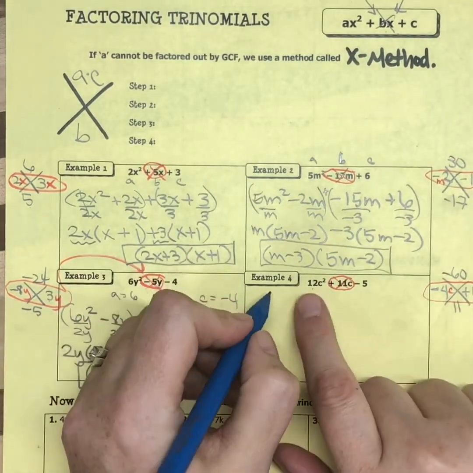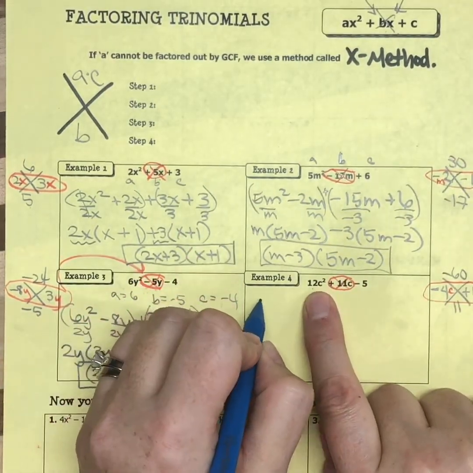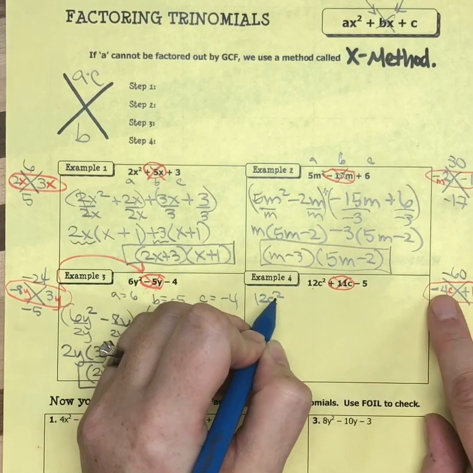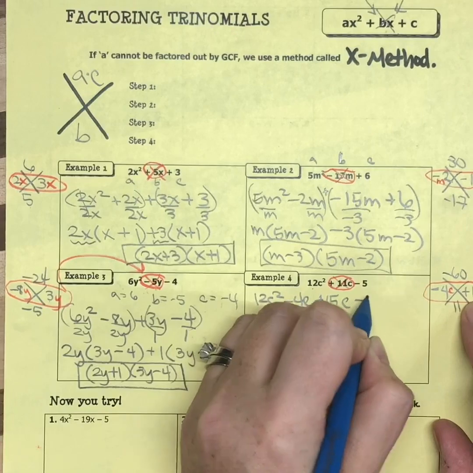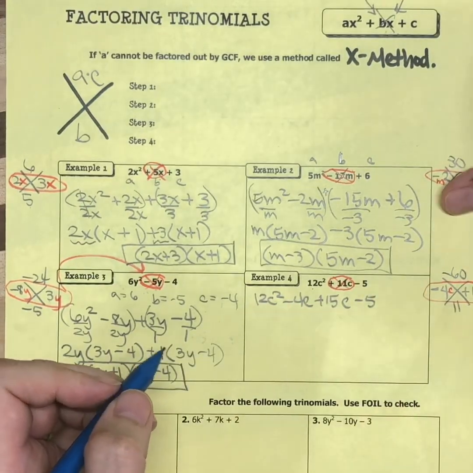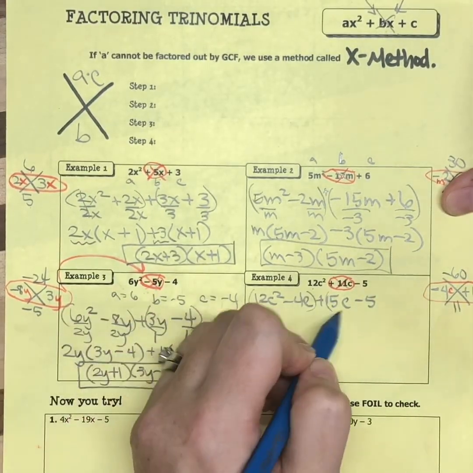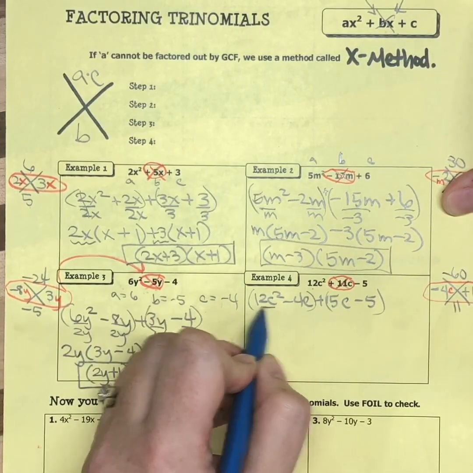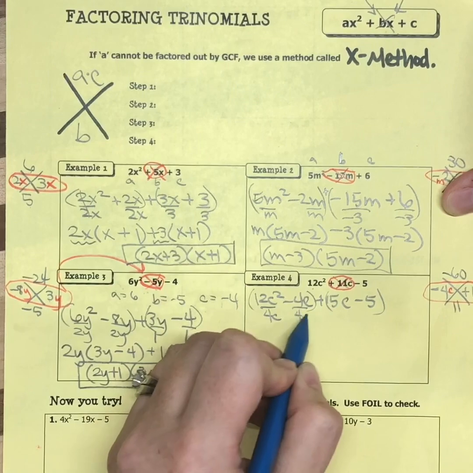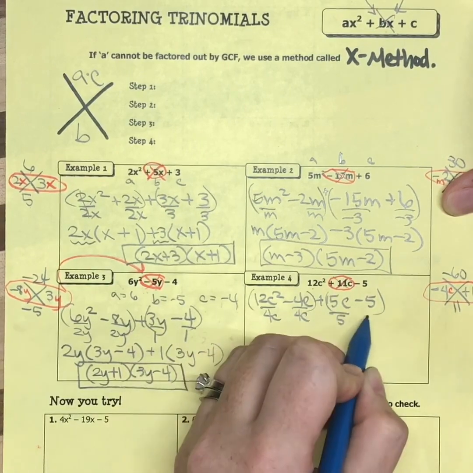And we rewrite the trinomial as 4 terms using 12c squared minus 4c plus 15c minus 5. So we go ahead, we group them. The GCF in the first pair is 4c, and the GCF in the second pair is 5.